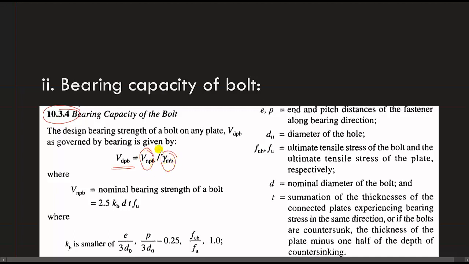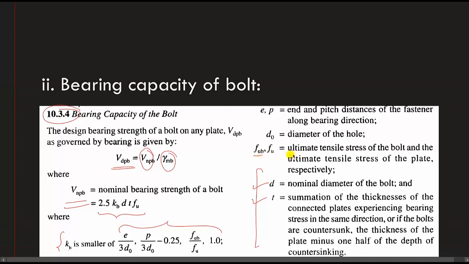In this case, the nominal bearing strength can be calculated using this formula, where Kb is the smaller of these terms, and d, t and Fu are given here. d is the nominal diameter of the bolt, t is the summation of thickness of the connected plates, and Fu and Fub respectively.